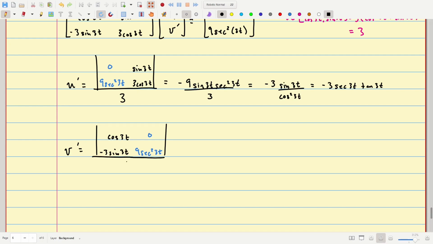And then in the denominator, we'll just have a 3 here from the Wronskian. And this is going to give us 9 cosine of 3t secant squared of 3t all over 3. Cosine and secant are, of course, reciprocals of one another. So we'll lose a factor of both, and we're left with 3 times secant 3t for v prime.